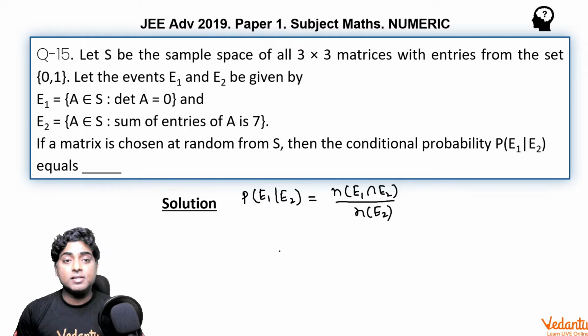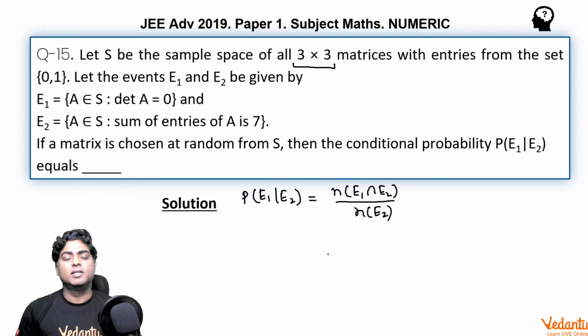How can you find the number of such matrices in the set S where the sum of all the entries is 7? As there are total 9 elements in the matrix and the elements can either be 0 or 1, in order to get sum 7, definitely we should have 7 ones and 2 zeros.